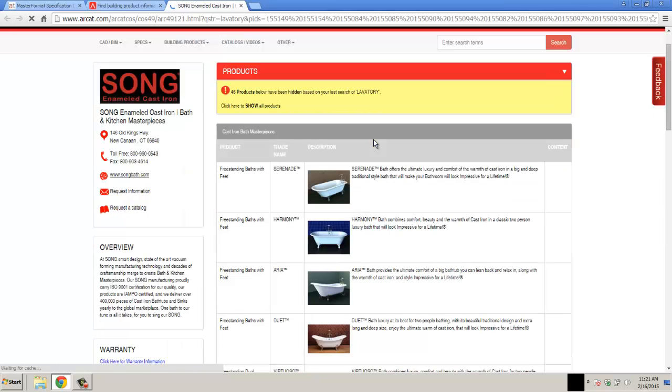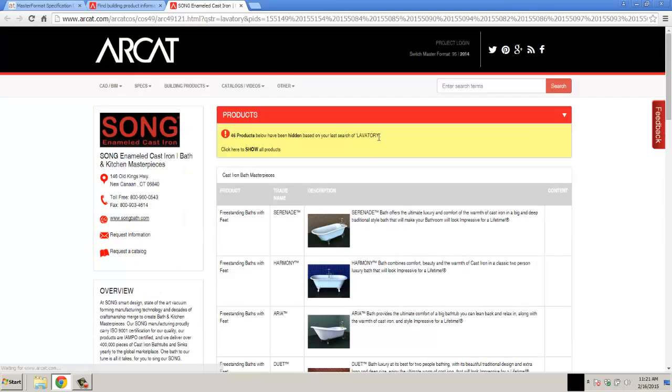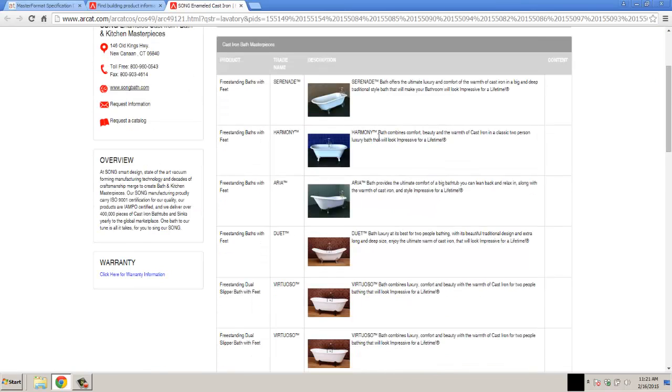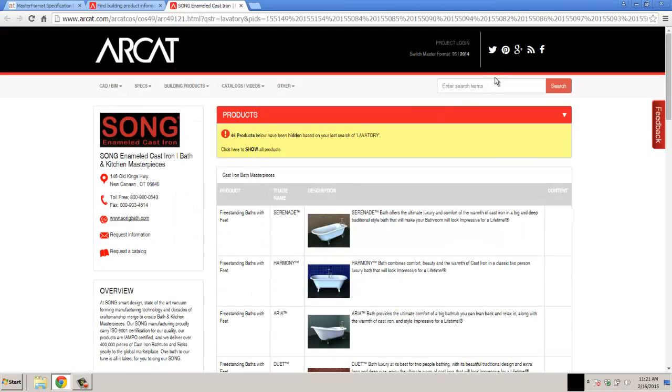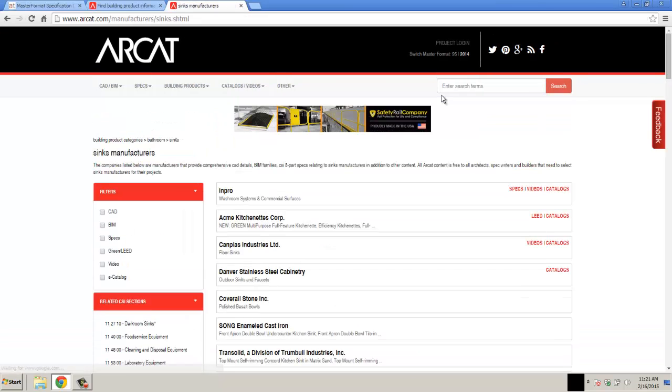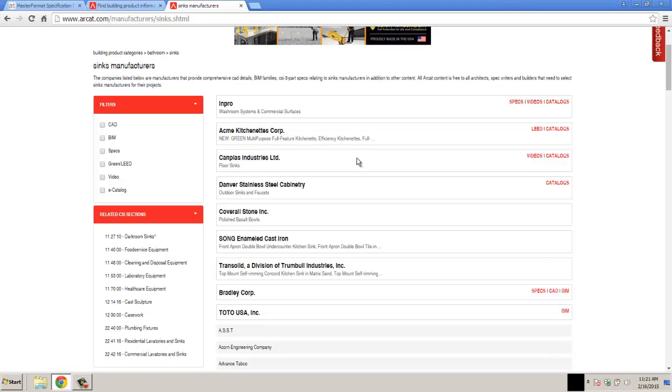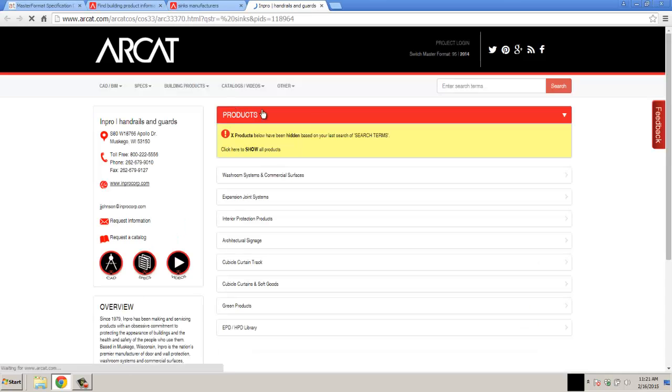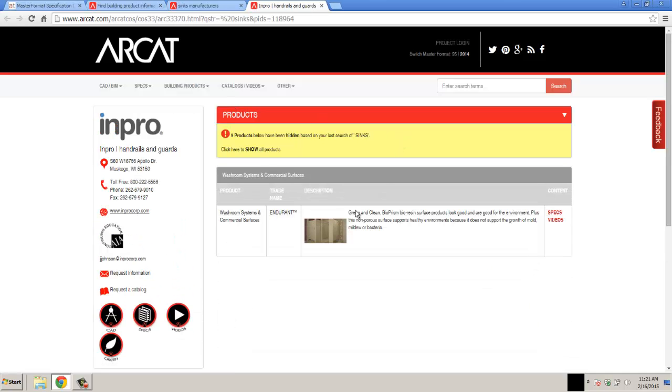Oh, there's a bathtub. Why would that show up under lavatories? I thought lavatories were sinks. Let's type in sinks. All right. Floor sinks, washroom systems. This one's got specs. This is actually for toilet partitions. It looks like washroom systems.